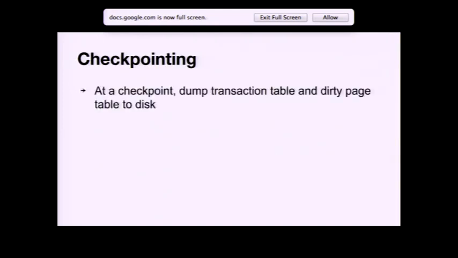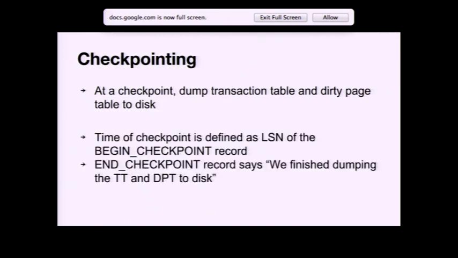Okay, checkpointing. At a checkpoint, we dump the transaction table and dirty page table to disk. The time of the checkpoint is defined as the log sequence number of the begin checkpoint record. So essentially, in our log, maybe at LSN 100, we're going to write begin checkpoint. Then we can have a couple more actions after that.